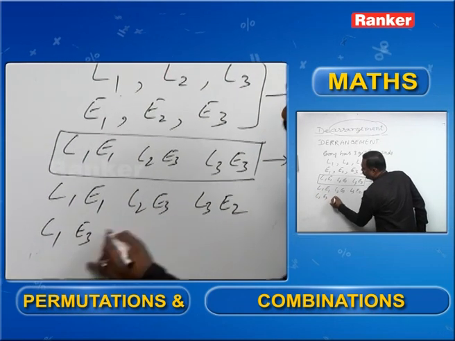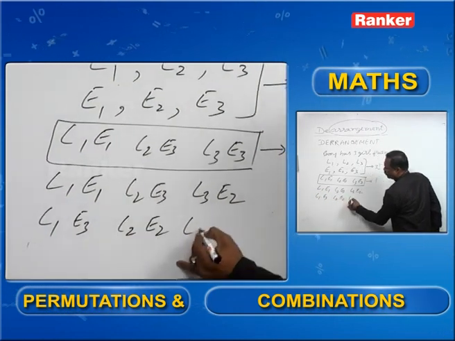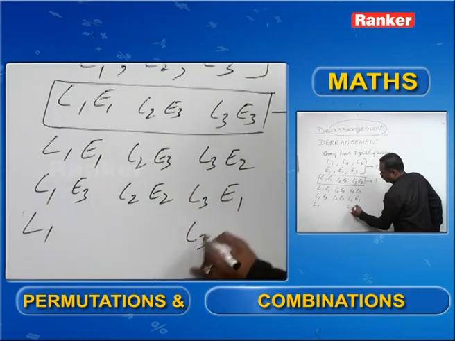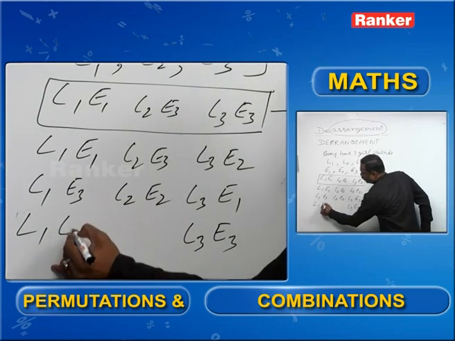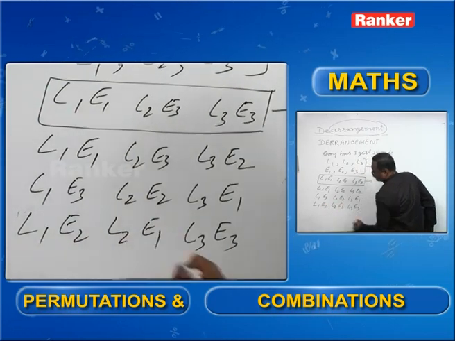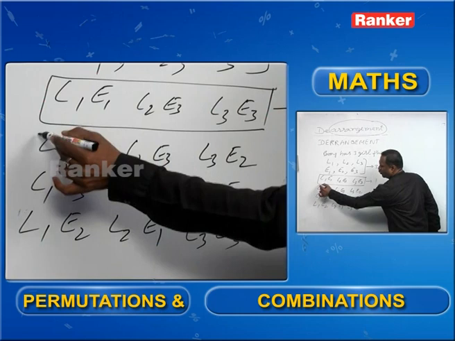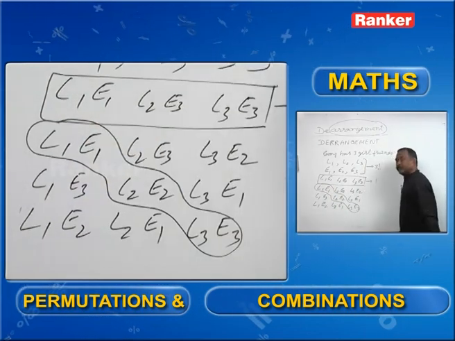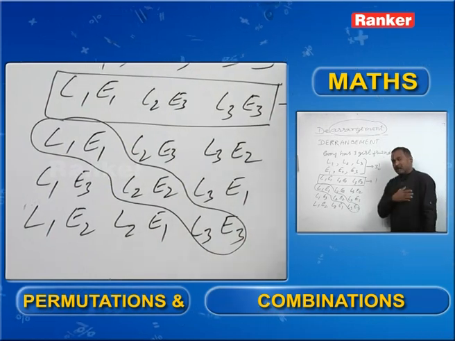L1 E3, L2 E2, L3 E1. Here L1 E2, L2 E1. You can see only one letter has gone into the right envelope. Only one letter has gone into the right envelope.